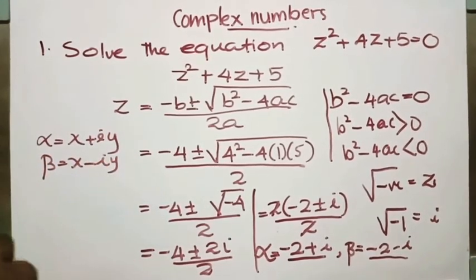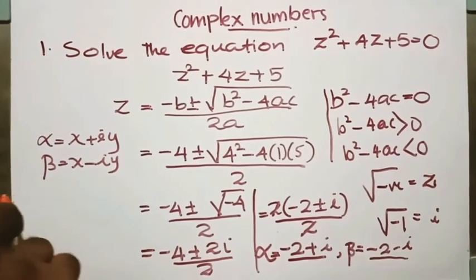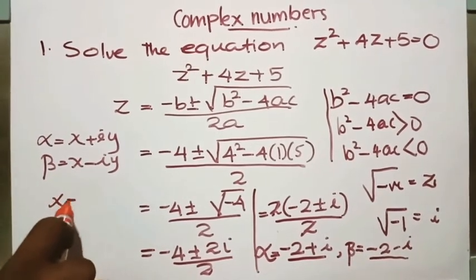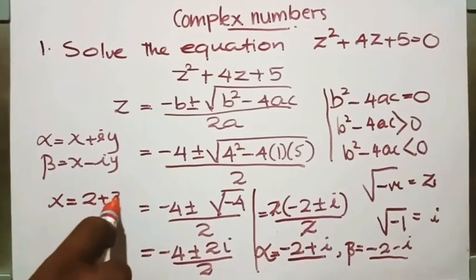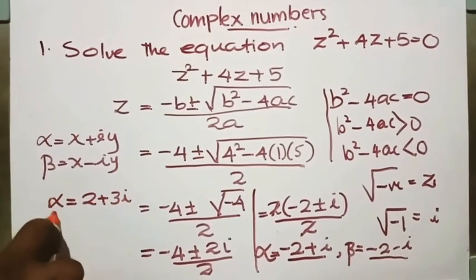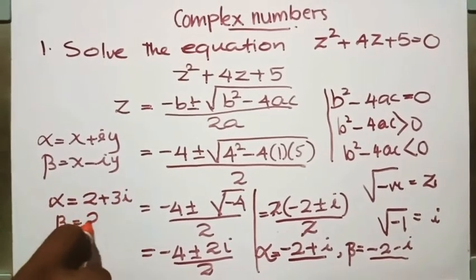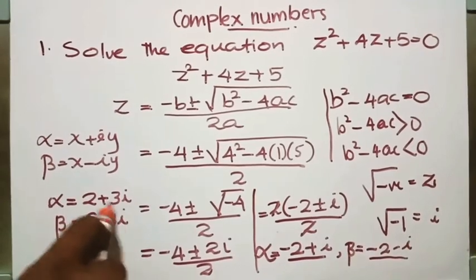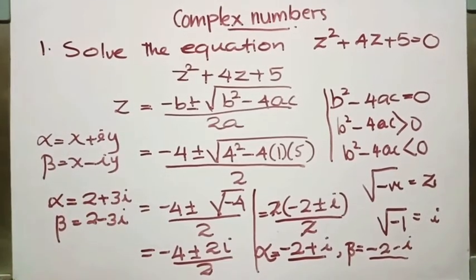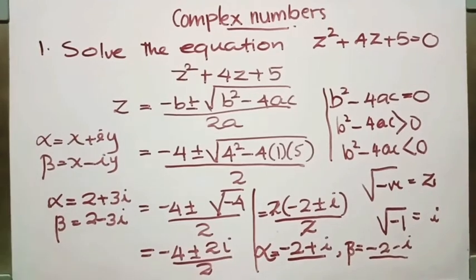That's the relation between the roots. If the first root alpha is 2 plus 3i, then the second root beta will be 2 minus 3i. That is why we say roots are conjugate to each other.